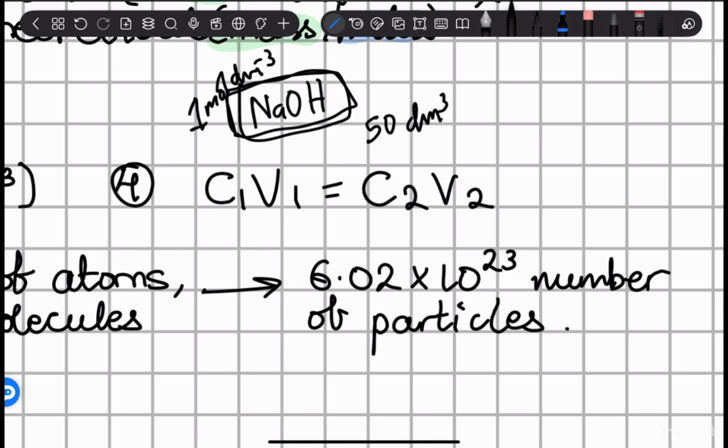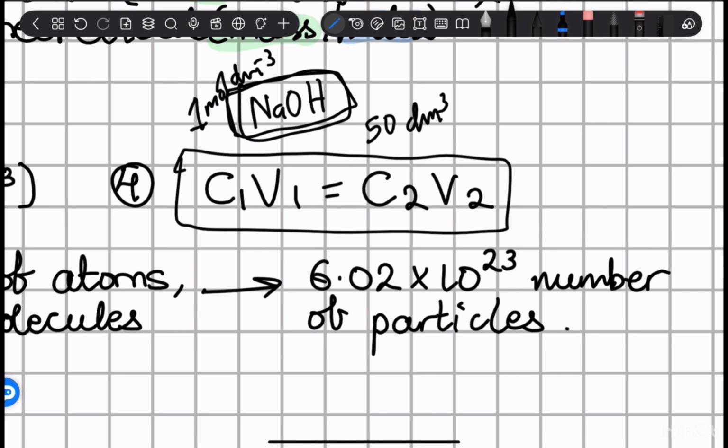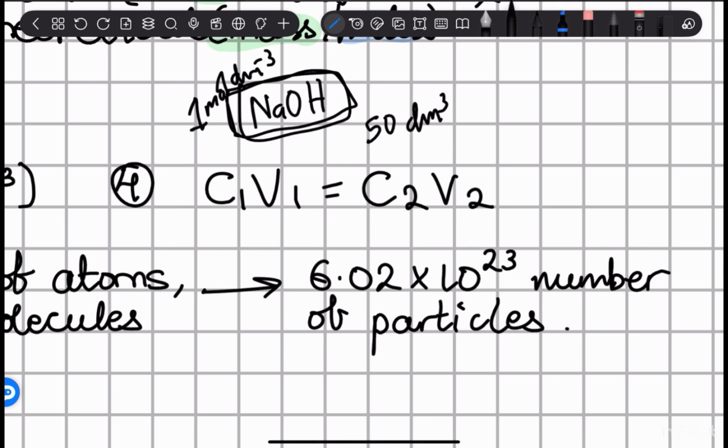And essentially, what this is used to calculate is that if initially we have, let's say, this 50 moles of sodium hydroxide, and we want to reduce its concentration from 1 mole to 0.5 moles per dm cube, then how much volume of water would we need to add, or how much volume would we have, that's where this comes in handy.